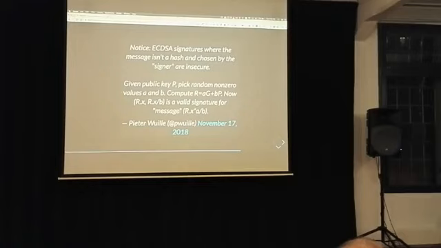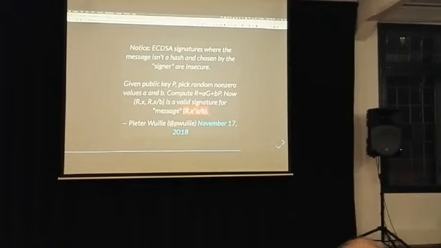Here's a fun fact. Think about it this way: if the hash function was broken and you could find a preimage for anything, then with this message or hash, we could actually find the actual message corresponding to this.